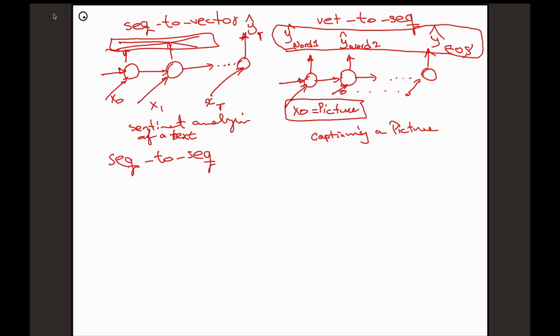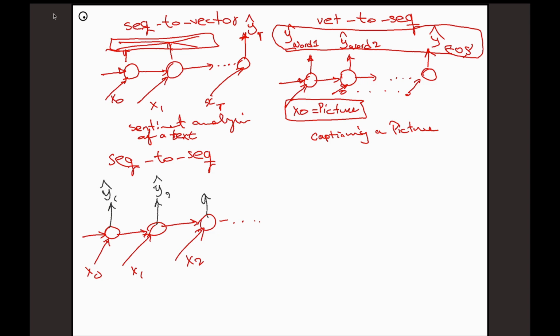But in sequence to sequence, not only do you care about the inputs that you have here, so you input different things, but you also care about the predictions. Every single prediction you make here is important. One example I can tell you is, let's say you're speaking over Zoom. The inputs are voice, so the first word gets in, the second word gets here, and so on and so forth.